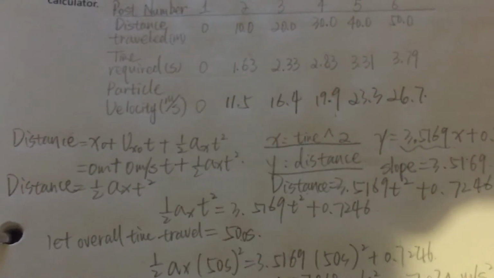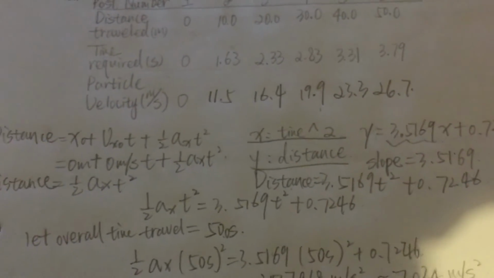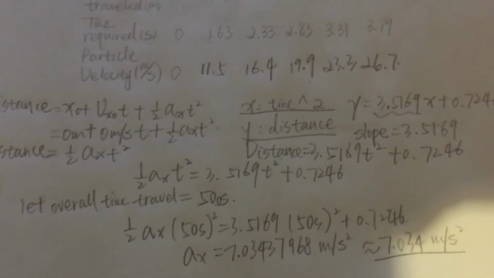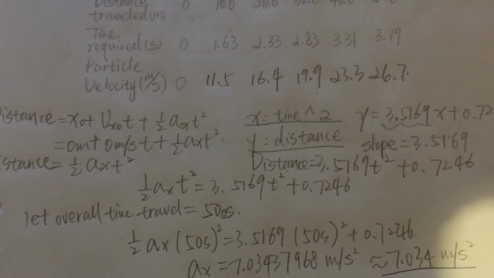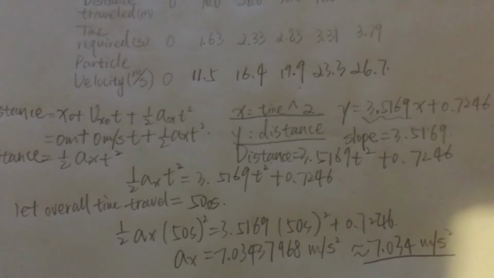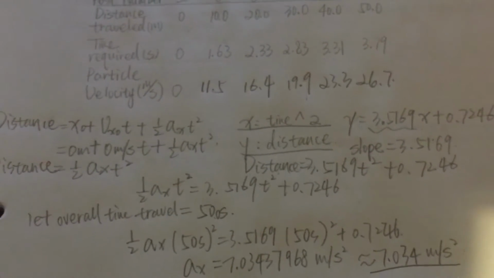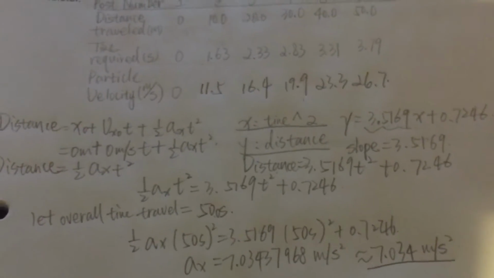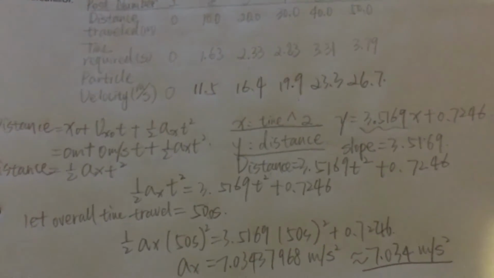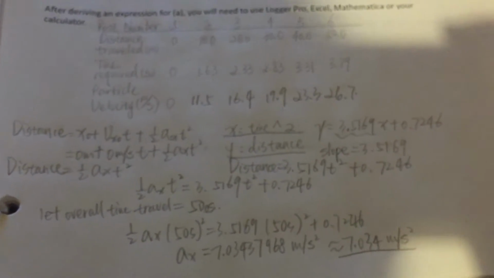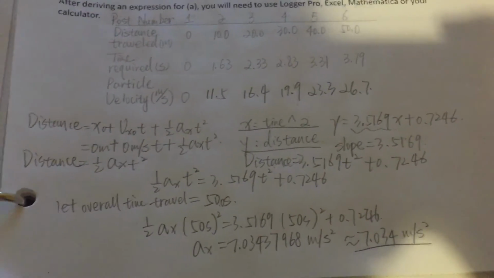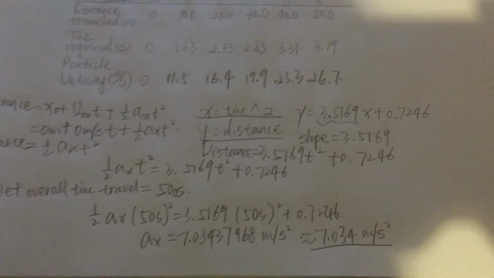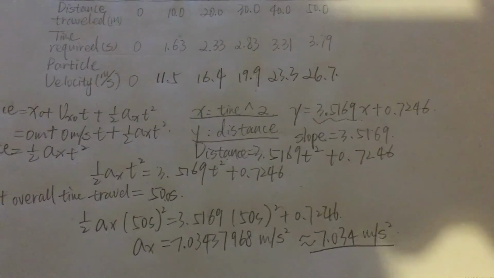So distance is equal to distance, so I make an equation: 1/2 acceleration times time squared equals 3.5169 times time squared plus 0.7246. And then I let the overall travel time be 50 seconds, and I plug it into this equation that I got.